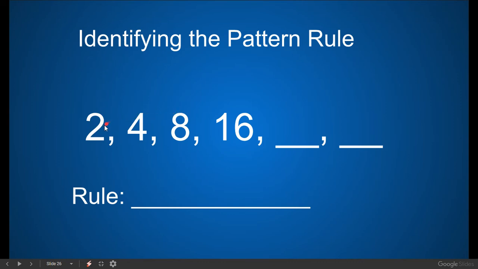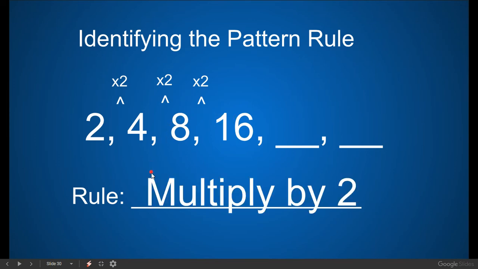So I see that my numbers are getting way bigger there. So I'm not adding anymore. I'm actually multiplying here. So 2 times 2 will give me 4. And then the same thing here, 4 times 2 will give me 8. And 8 times 2 will give me 16. So I see that my rule is multiplying by 2.